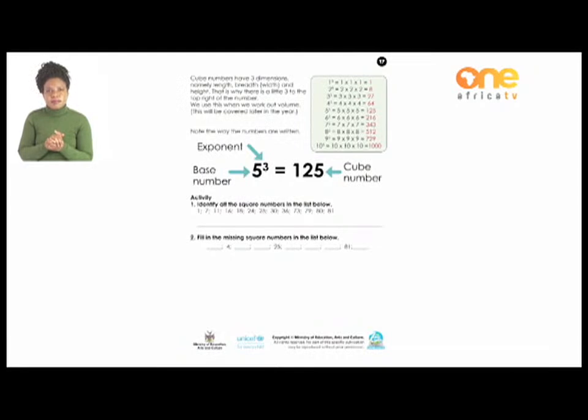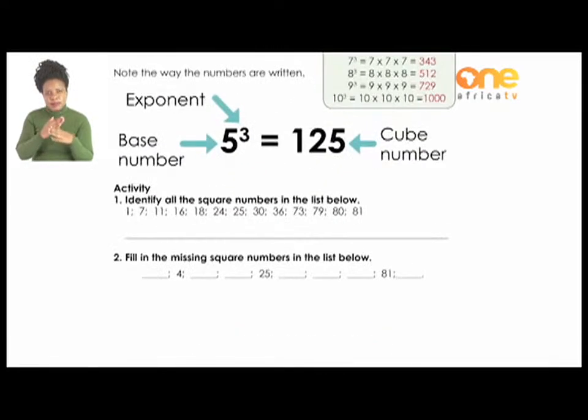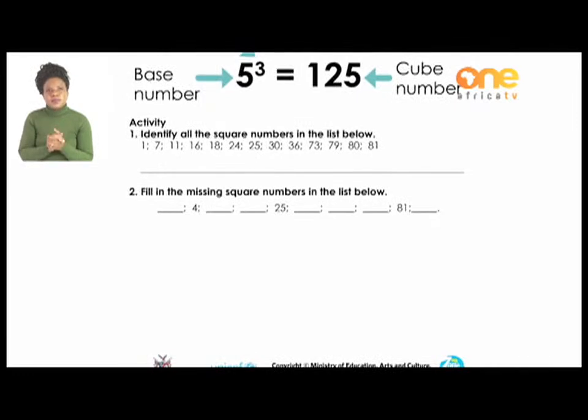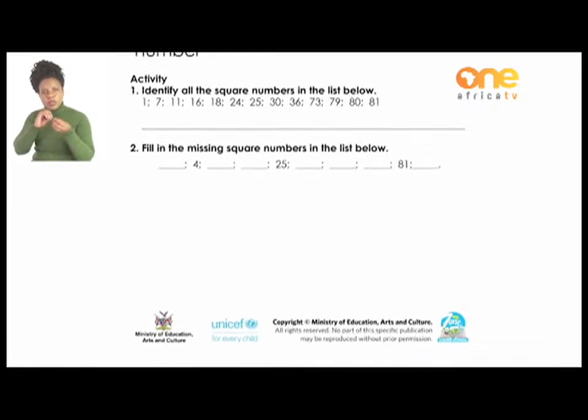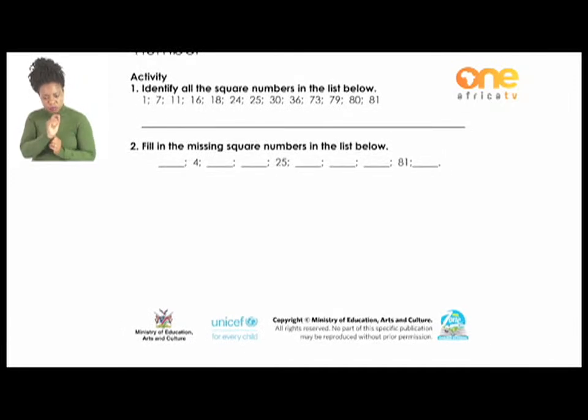The first question under our activity is to identify all the square numbers in the list below. So there are numbers there: 1, 7, 11, 16, 18, 24, 25, 30, 36, 73, 79, 80, and 81.